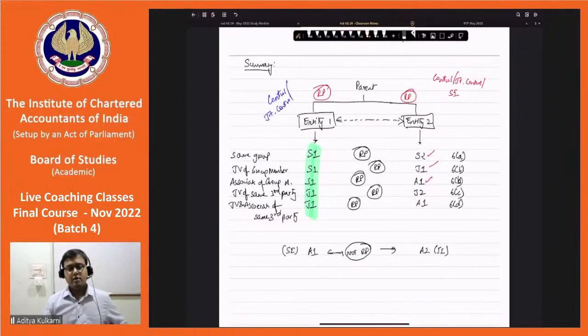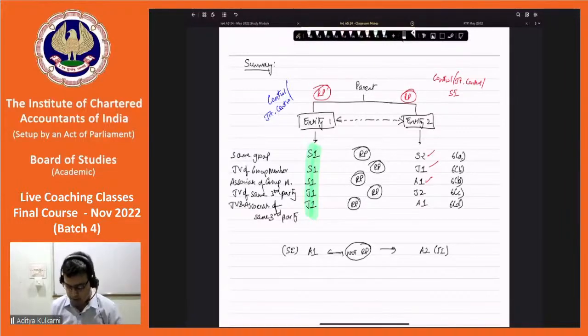So, the most important conclusion of all the four clauses that we have seen, 6A, 6B, 6C, and 6D, is that entity 1 and entity 2 will be related to each other if one entity is controlled or jointly controlled by the parent and the other entity is either controlled, jointly controlled, or significantly influenced by the same entity.